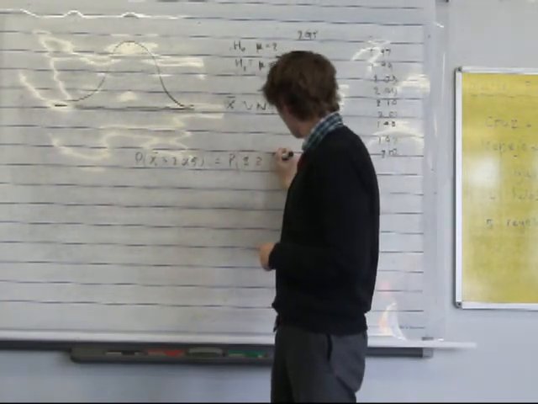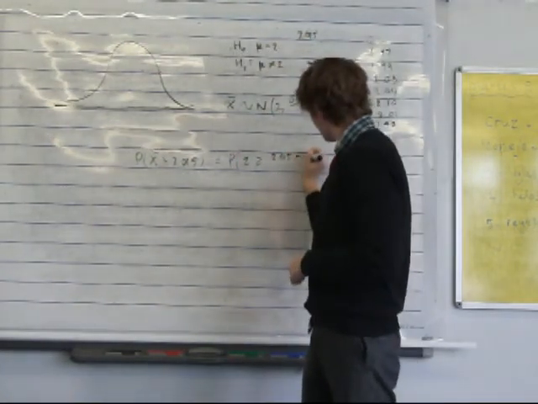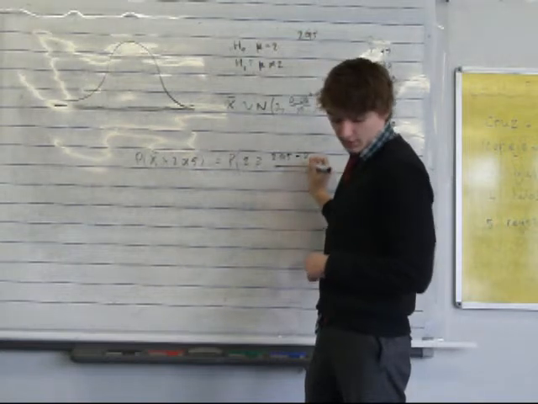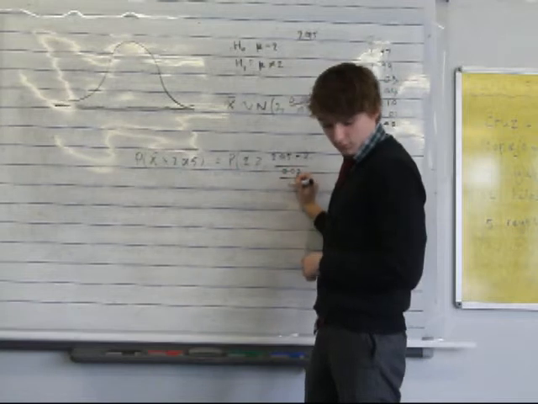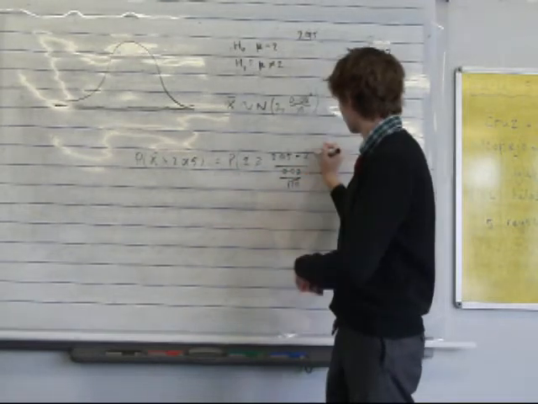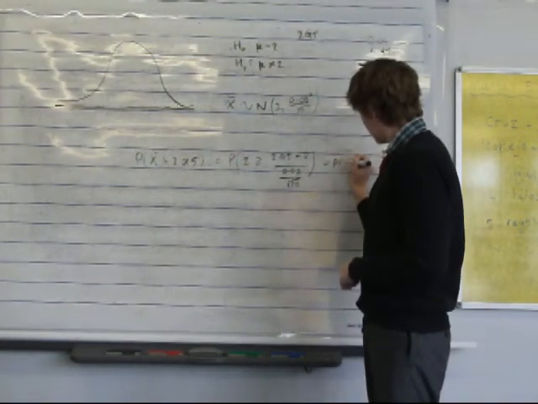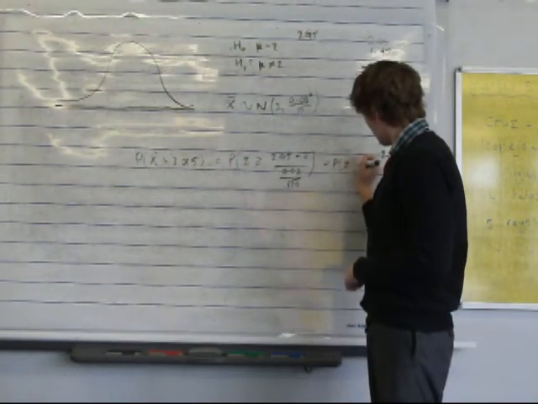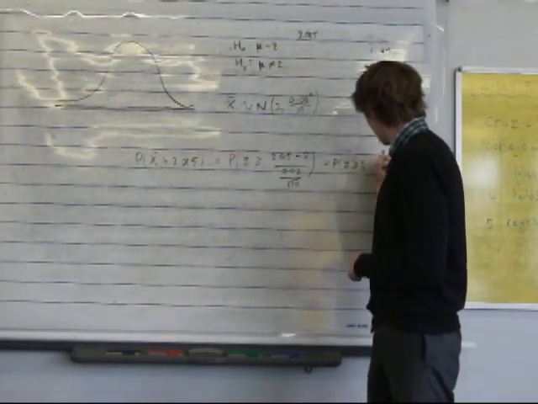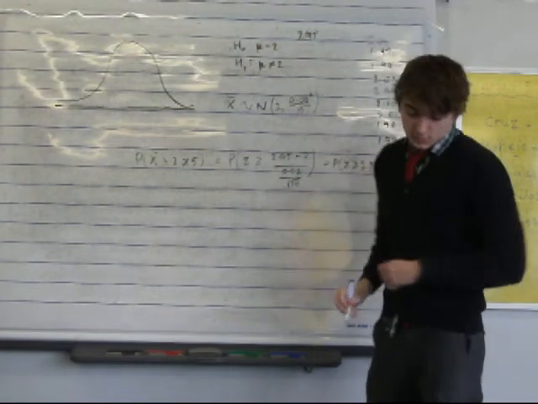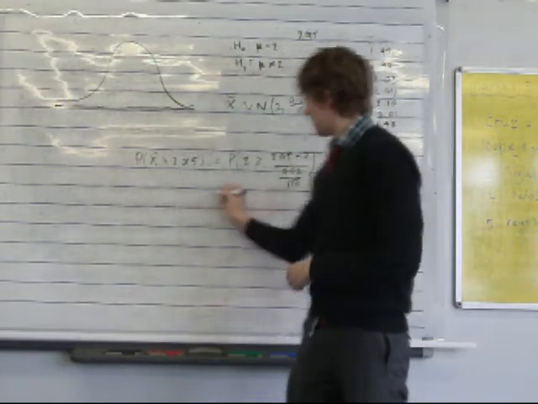So z equals 2.015, take away our 2, and then divide by 0.02 over root 10. Which comes out as P(Z greater than 2.372).